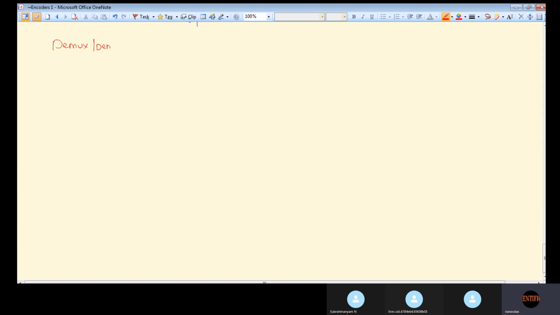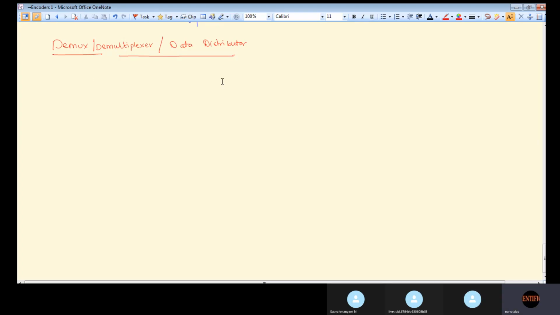Okay, DEMUX or demultiplexer, or it is called a data distributor. Okay, so the demultiplexer will have one input. That one input will be distributed among 8 outputs.